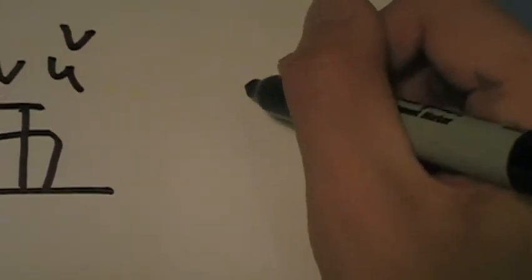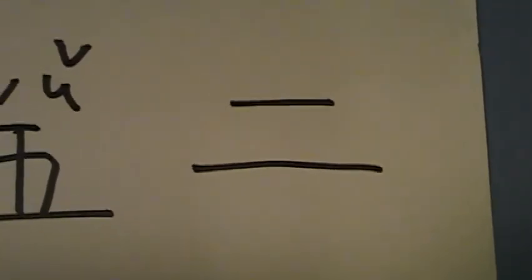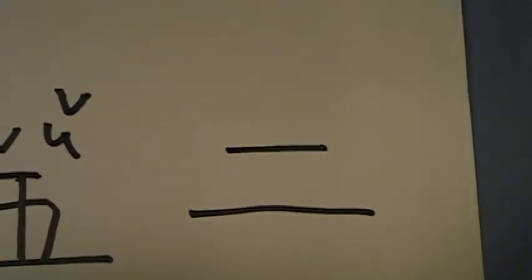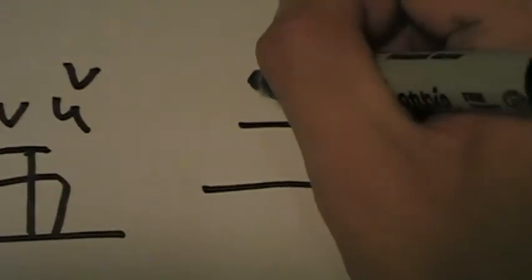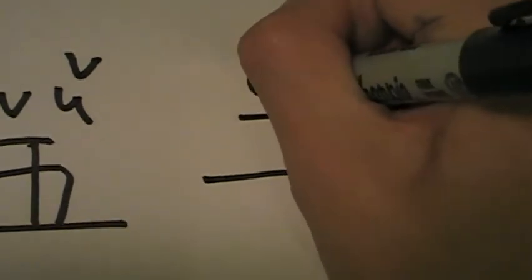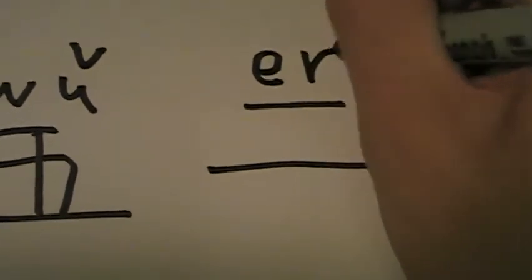And in contrast to that is our fourth tone, and that will use the number 2, which is just 2 horizontal lines. And it is one more than the number 1, which only has 1 horizontal line. And its pinyin will be ER.